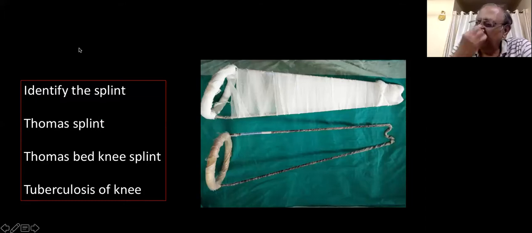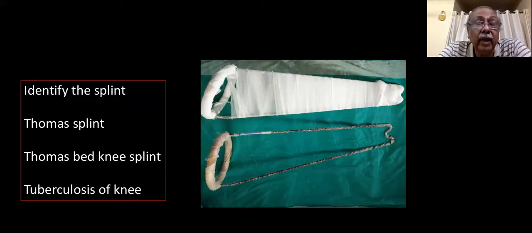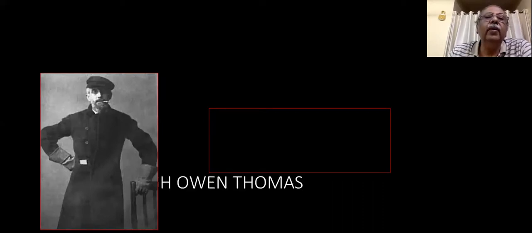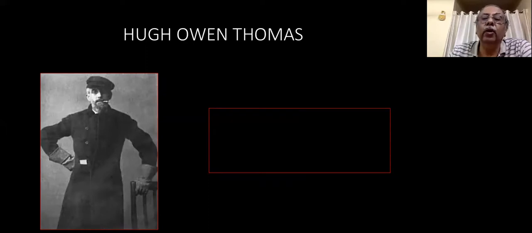The original indication for using the Thomas splint was the ambulatory treatment of diseases of the lower limb, especially tuberculosis of the knee. Then they may ask you something regarding this great man, Hugh Owen Thomas.